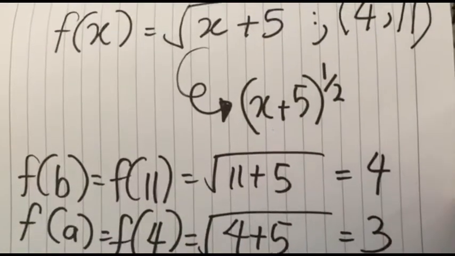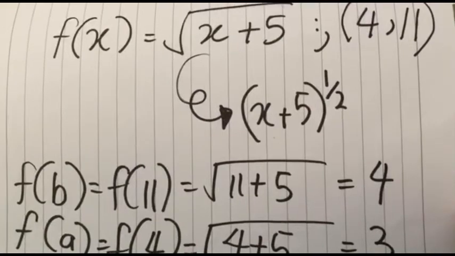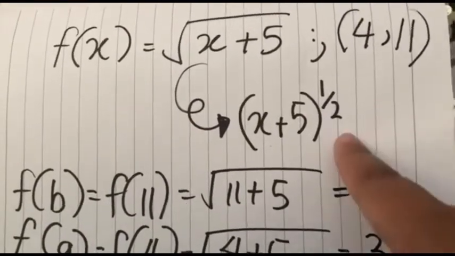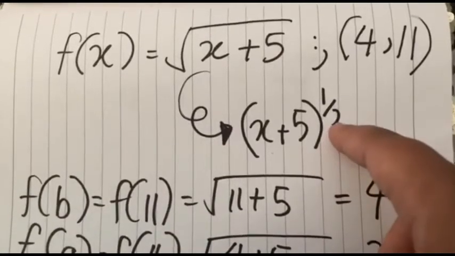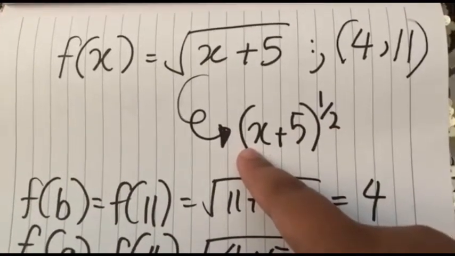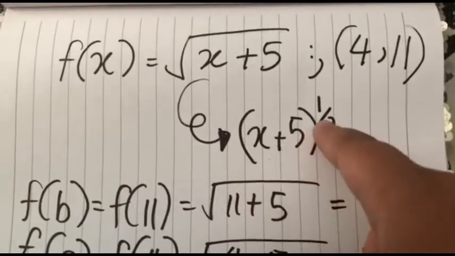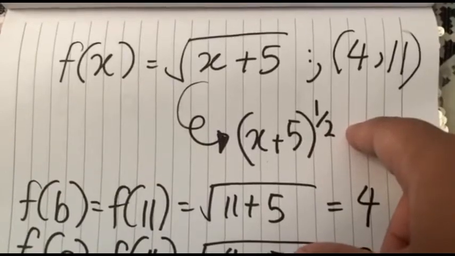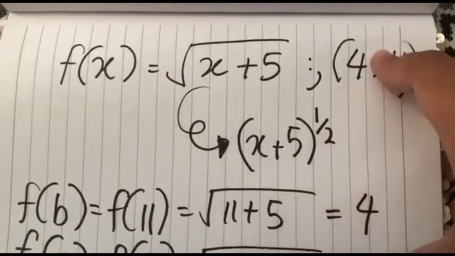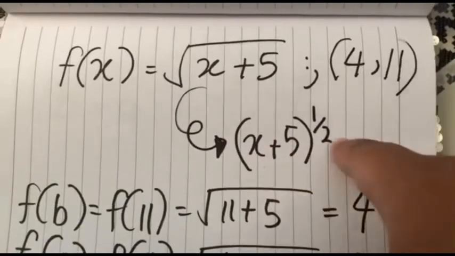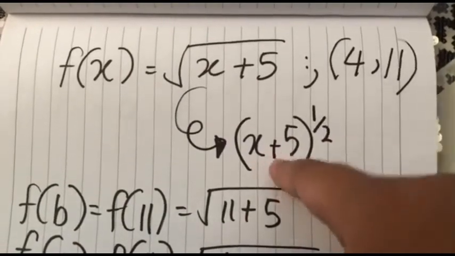To differentiate the function f(x) = √(x + 5), we put the power of 1/2 in front of the expression, and the power of 1/2 is reduced by 1. After that, we multiply by the derivative of x + 5, which is 1.